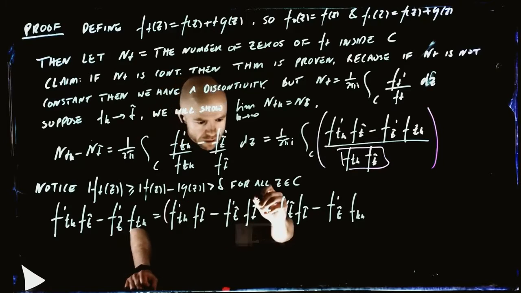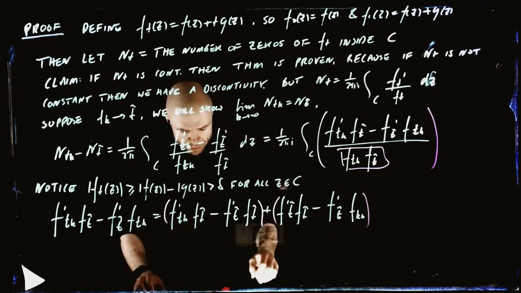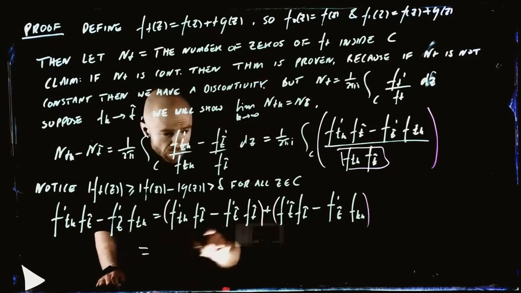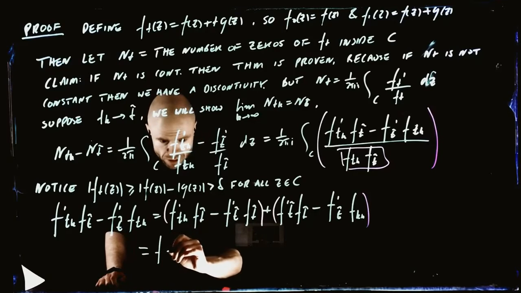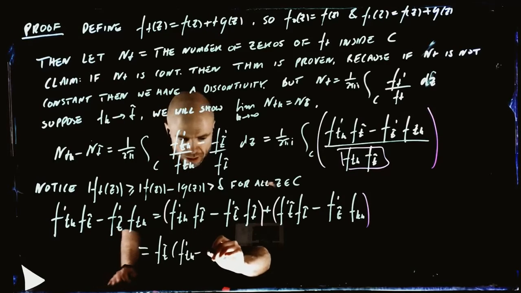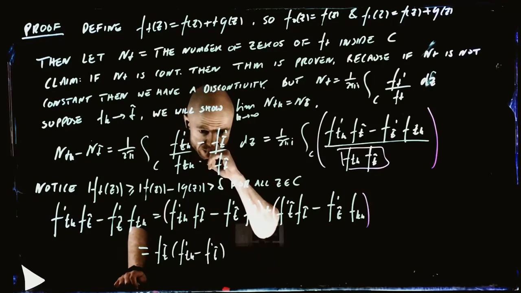So we consider this difference and then this difference, and then we'll factor out the common part of each one of these separate differences. So we'll factor out the f tilde from the first thing. So f tilde, like this, f prime of tk minus f prime of t tilde, like this.